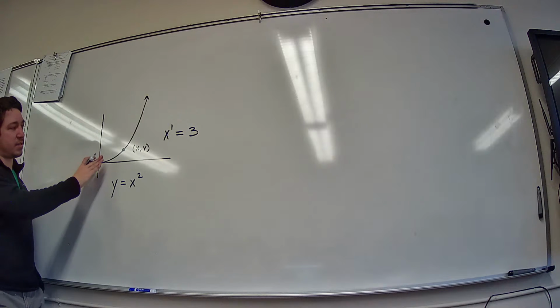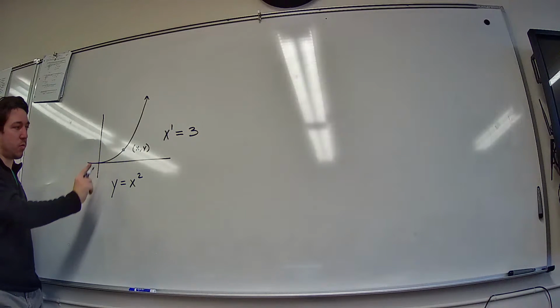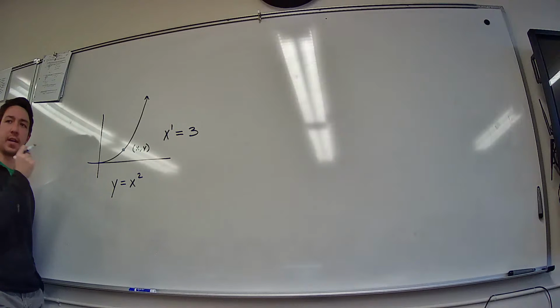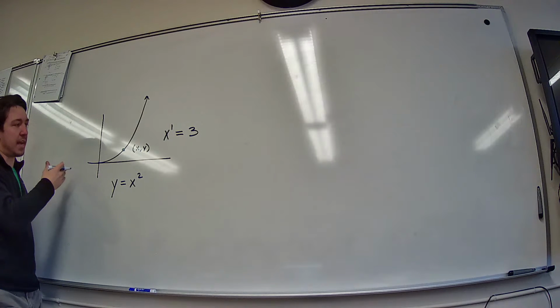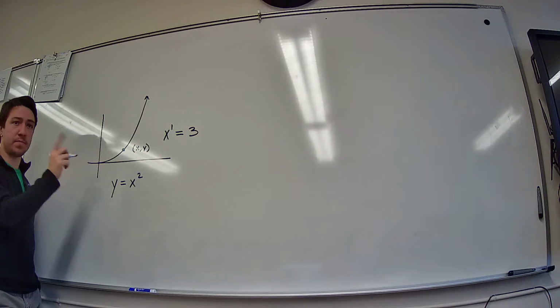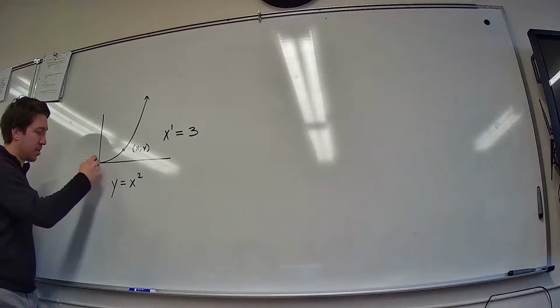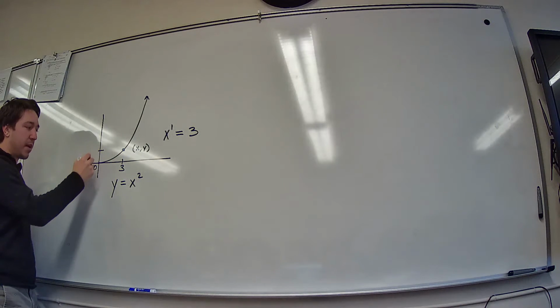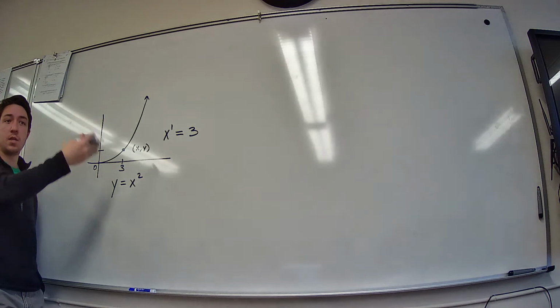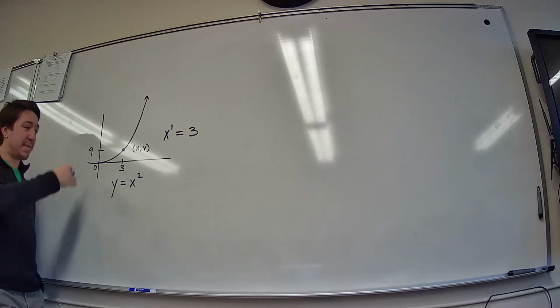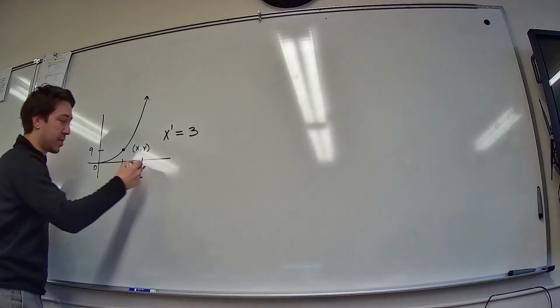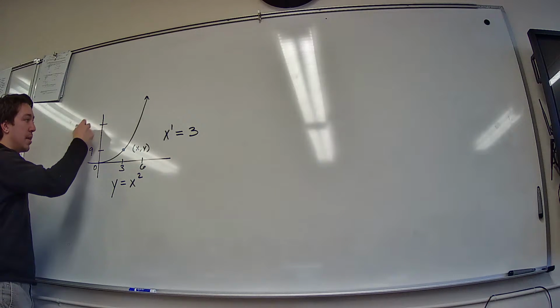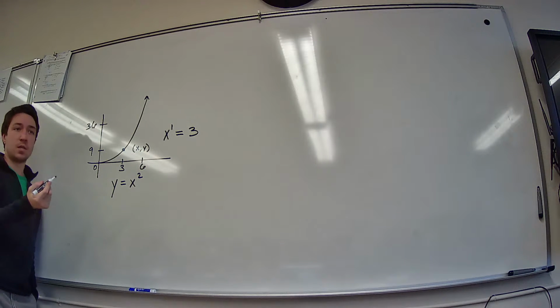Does it make sense why over time y prime will be getting bigger and bigger? Because take the first second for example. During the first second, say it goes from 0 to 3, think about the y values. It went from 0 to 9, so it gained 9 vertical units. And think about the next second. At time 2, you'd be up at 36.